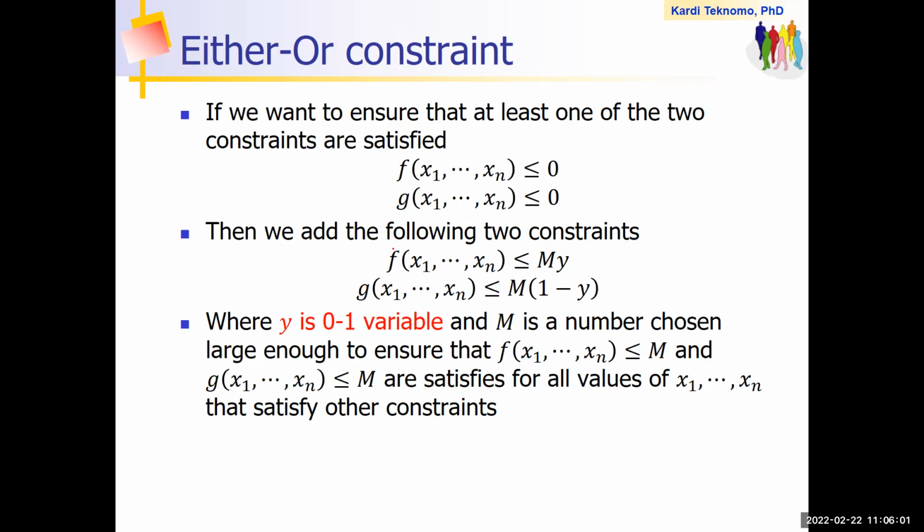Then you say f is less than or equal to m times y instead of 0, and g is less than or equal to m times 1 minus y. So m, you can choose any number which is very big, to ensure that when f is less than m and g is less than m, they will satisfy both constraints.